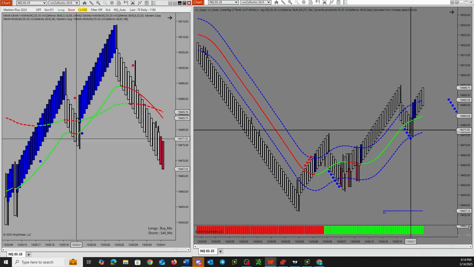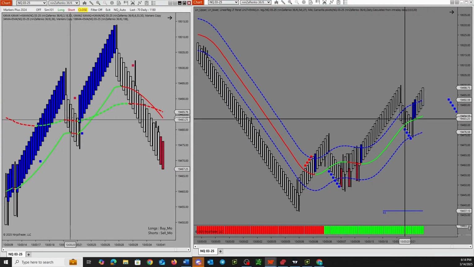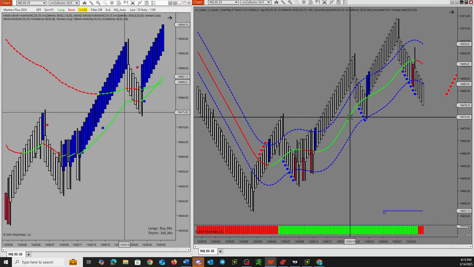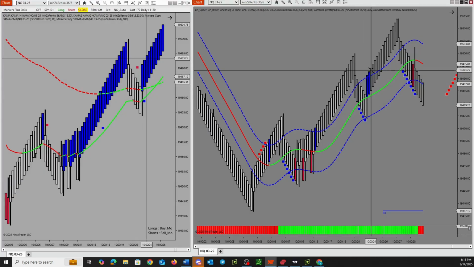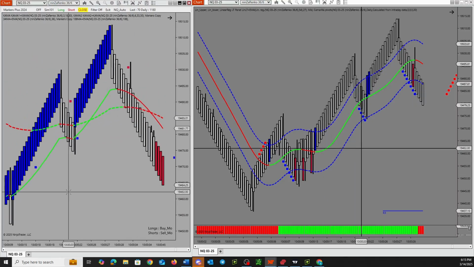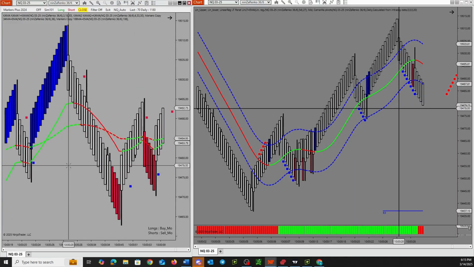This was a really nice trade, but the EMA was on the other side of it right there. I mean, you could have taken this trade on this template here just because it fits the criteria, but I'm trying to wait until I get everything lined up.